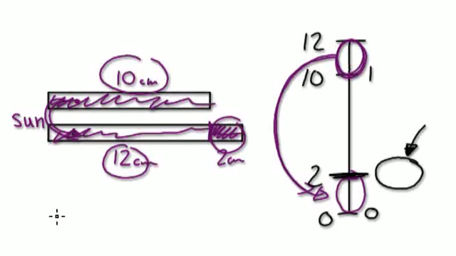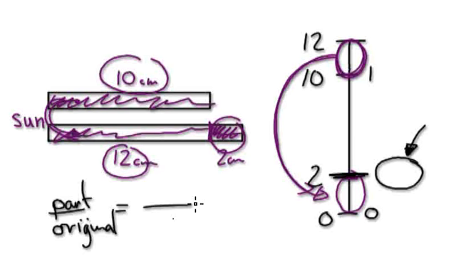So the expansion here. Well, remember our formula. It's always part divided by original. So in this case, the part is 2 centimeters divided by our original here, which is 10 centimeters.